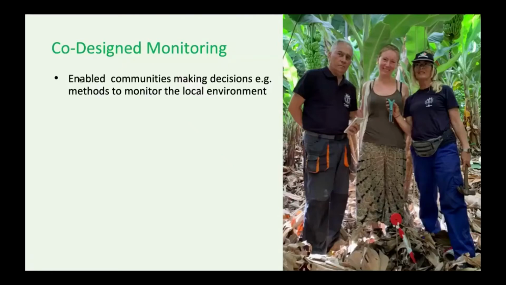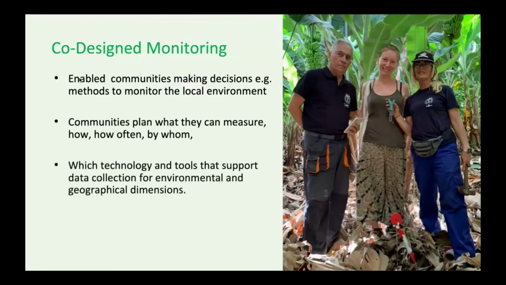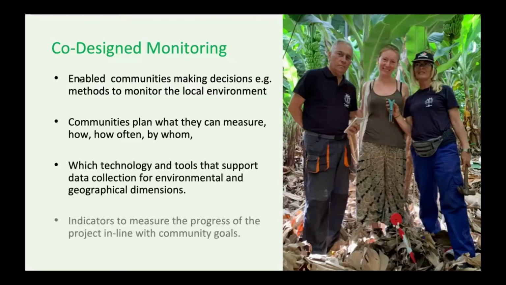So co-design monitoring, what does it do? It enables communities to make decisions and gives them methods to monitor the local environment. They can plan how and what they will measure, how often, and by whom. They design together which technology and tools are going to support the data collection for environmental and geographic dimensions. And we look also at indicators to measure the progress of the project in line with community goals.